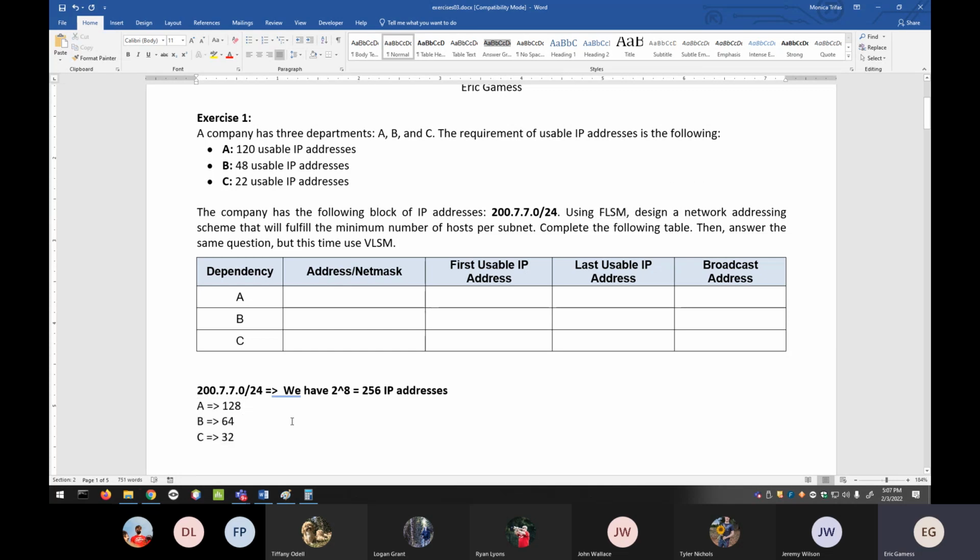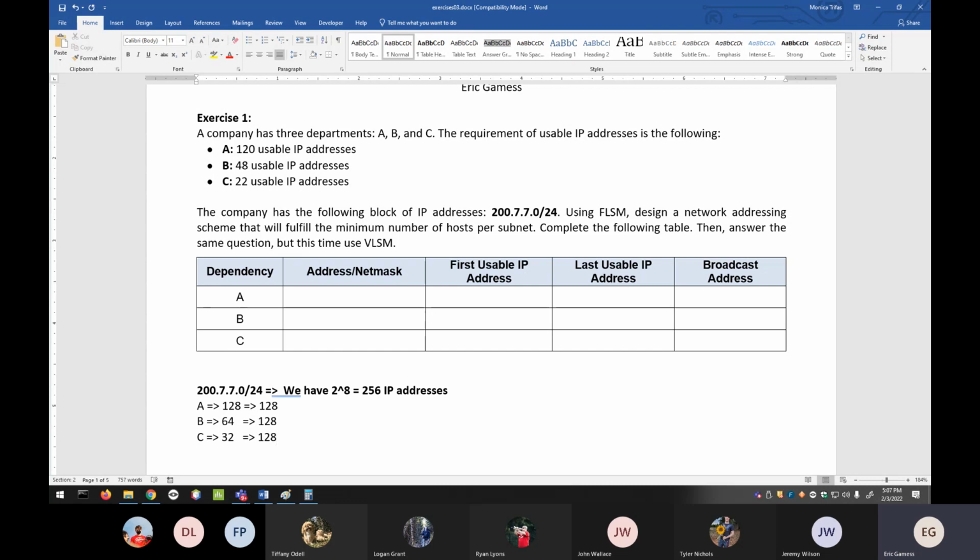So what will be the common size to fulfill the requirement of the 3 departments? 128. I will have to give all of them 128. So I will give A 128, but I will also give B 128 because they have to be of the same size. And I also am going to give C 128.